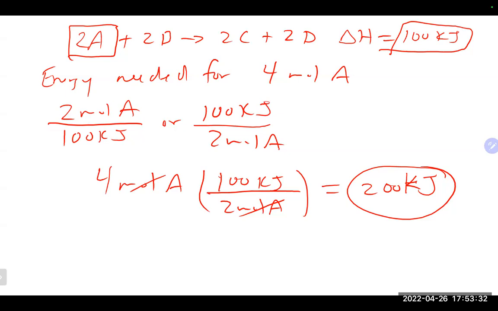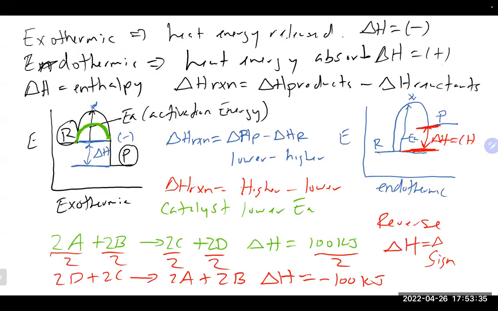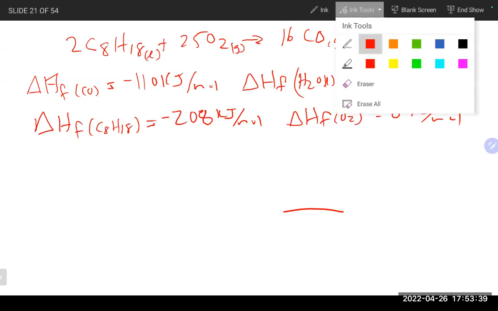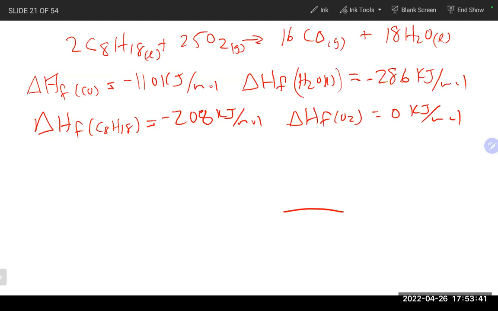I did want to do one example, though, of actually calculating delta H. As I mentioned before, we'll take a look at this one here that I scribbled up here on the board.